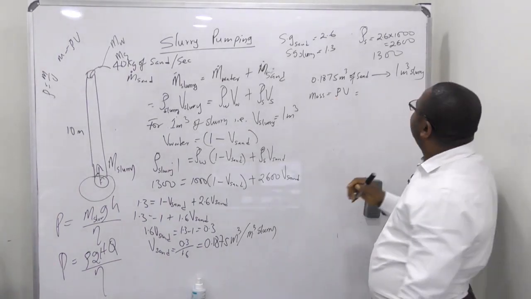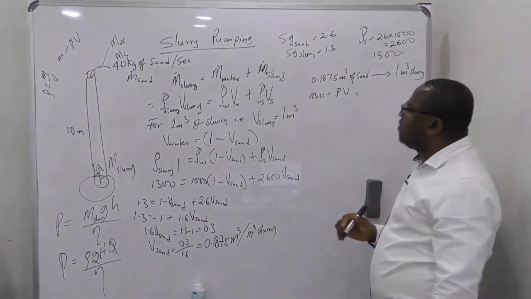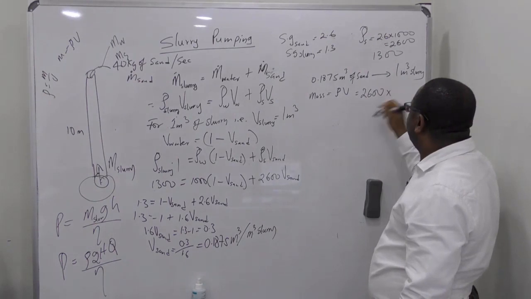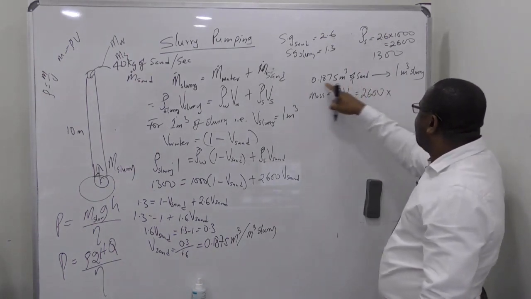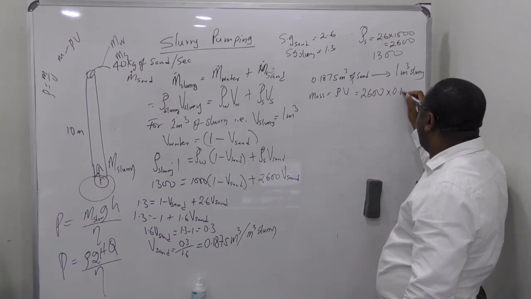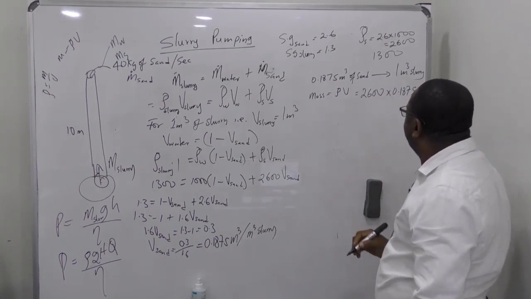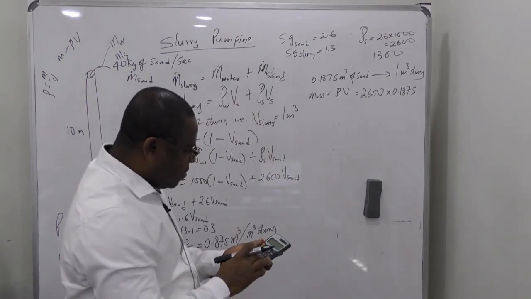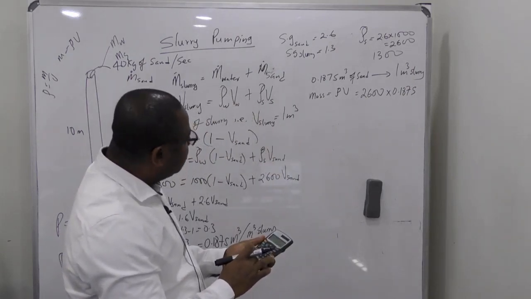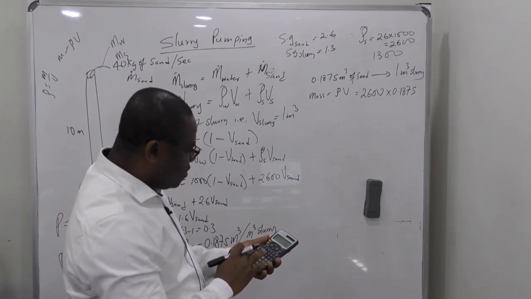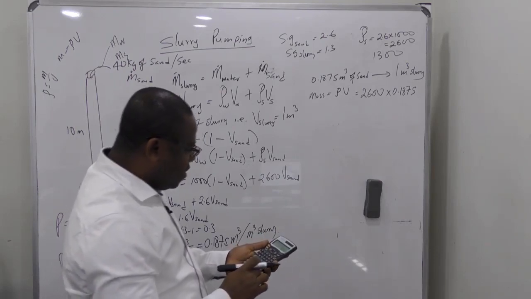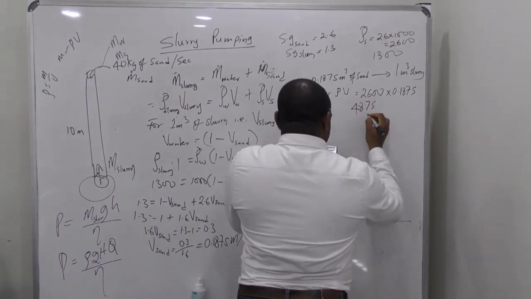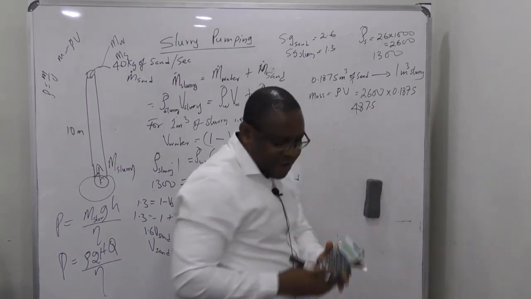The density of sand we get at 2,600, so I'm going to have 2,600 times this volume, 0.1875. That's 487.5. What is that? This is the mass.